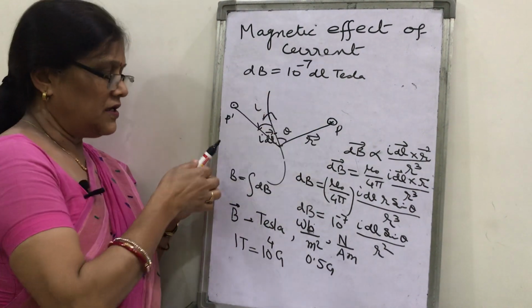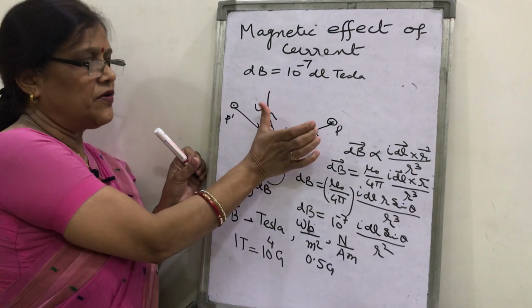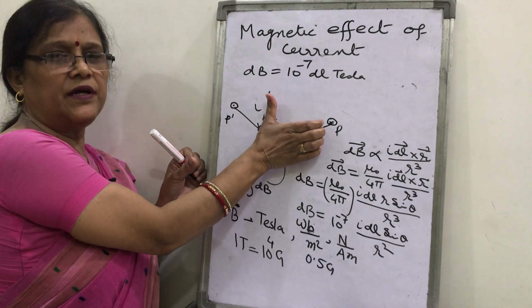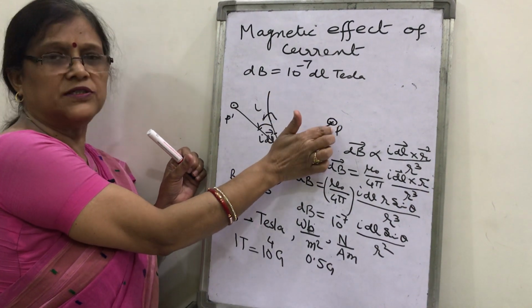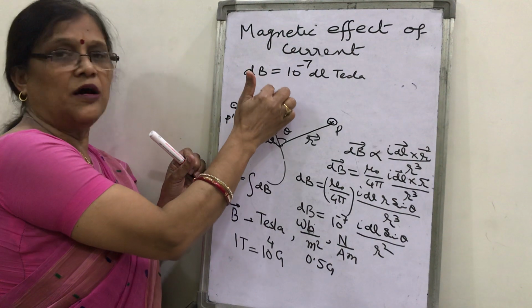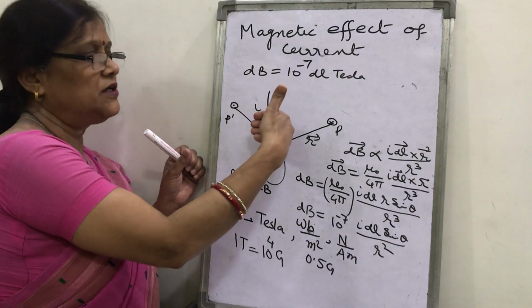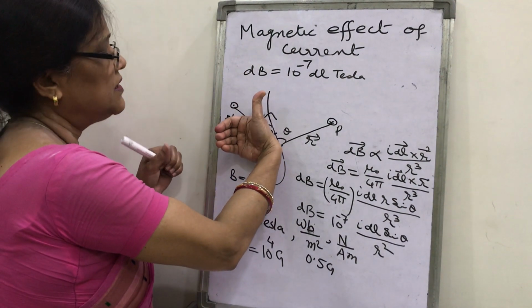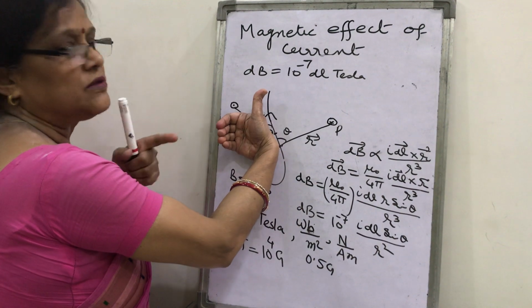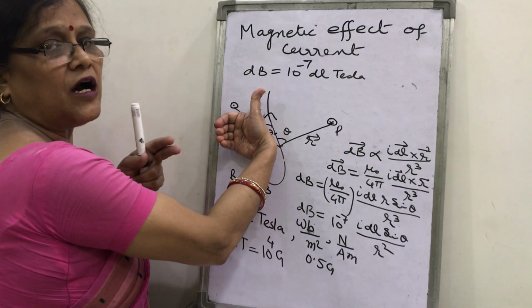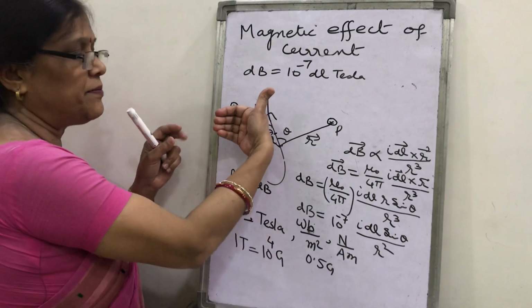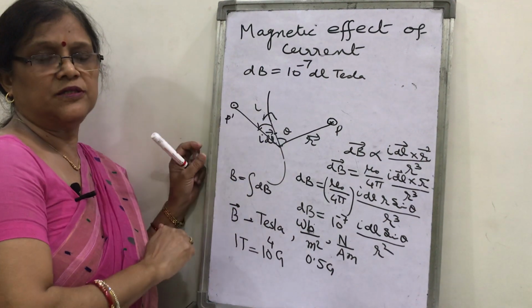So the thumb is upward, and the curling of the fingers is downward here at the point P, so this is downward, and here the thumb is to be kept in the upward direction, so you will keep your hand like this, and for the point P dash the fingers are upward to the plane, so perpendicular to the plane, upward this is.